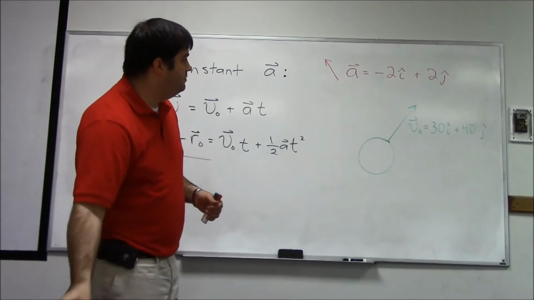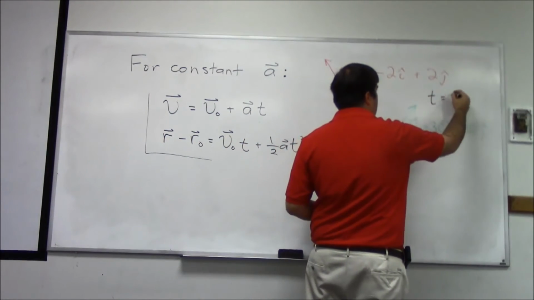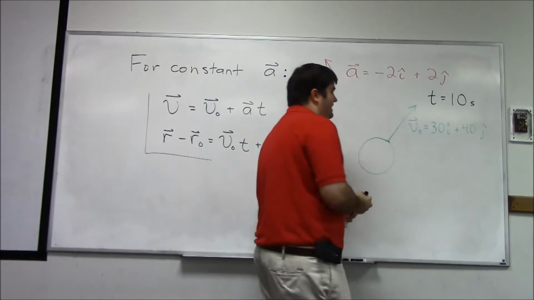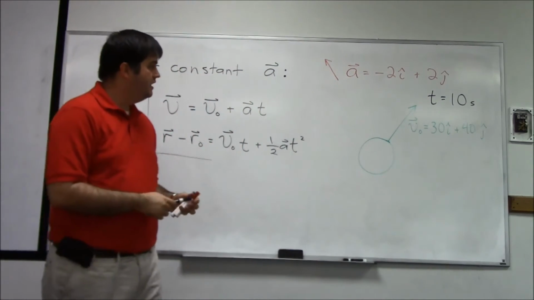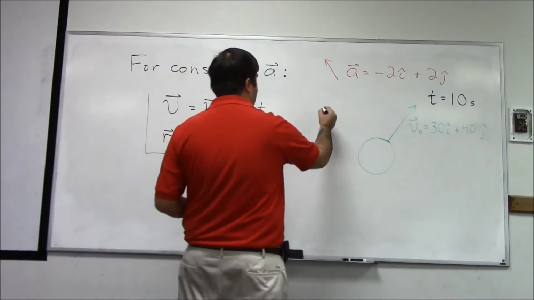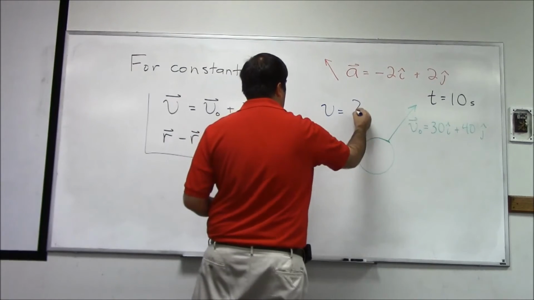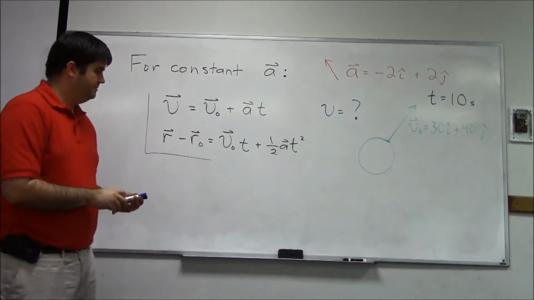And then let's assume that it fires these rockets for 10 seconds. t equals 10 seconds, obviously not a vector. And the question is, after that 10 seconds, what is the new velocity of the Enterprise?